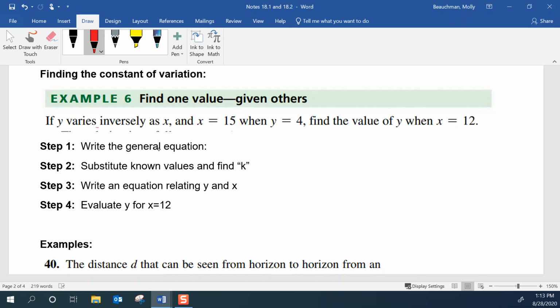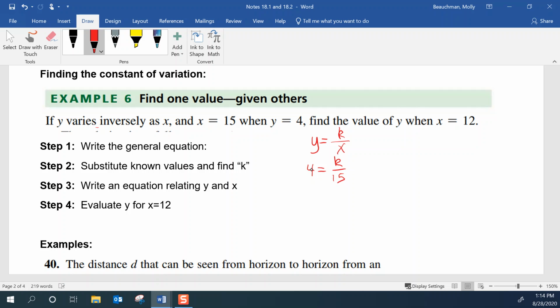The first thing we do is write the general equation. This is varying inversely, so that's k divided by x. Then step 2, put all your known values in. We have a value for y and a value for x is 15. So what we want to do now is find out what k is.